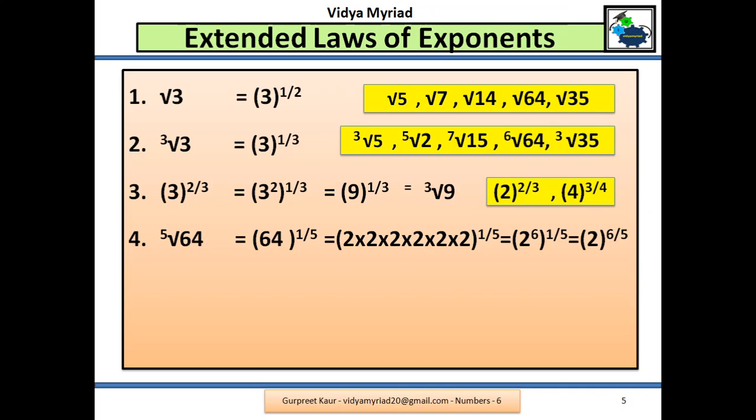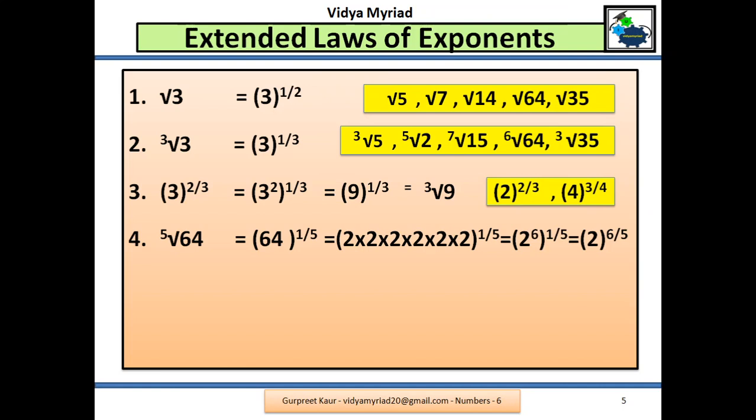That means it is 2 into 2, 2 into 2, 2 into 2. 6 times 2, raised to power 1 by 5, which I can write as 2 raised to power 6 in bracket 1 by 5, which can be further written as 2 raised to power 6 upon 5, because I know in the bracket powers I will multiply. So it means 6 multiplied by 1 by 5. So it is 6 upon 5.